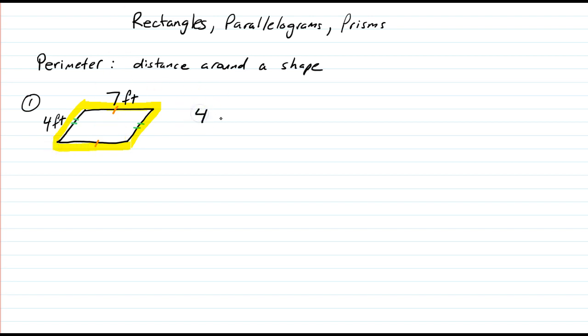So this would be 4 plus 7, and then since these are equal, that side's 4, this side's 7, and so now we just add them up. 4 and 7 is 11. 11 and 11 makes 22. It gave us a unit, so we would say 22 feet.